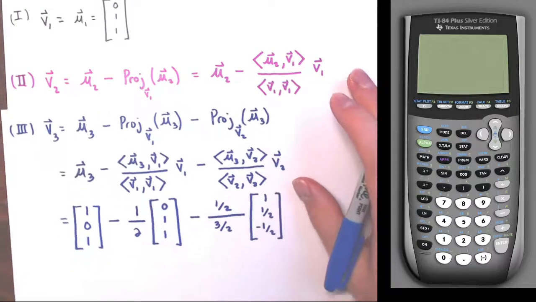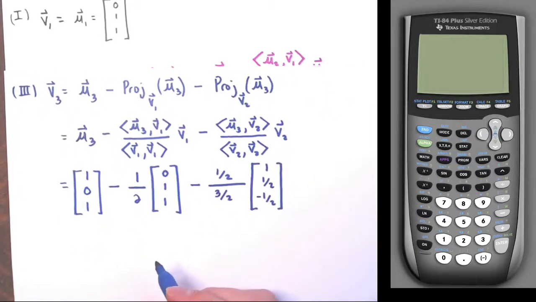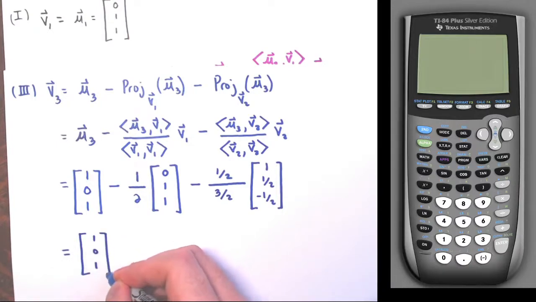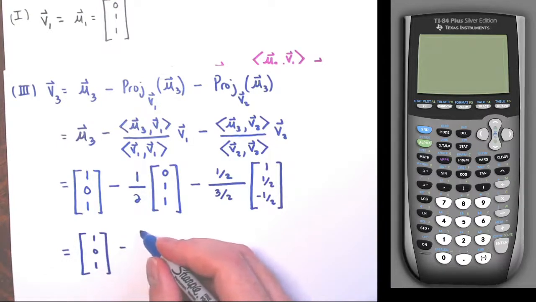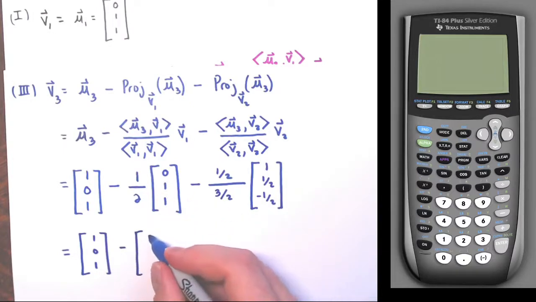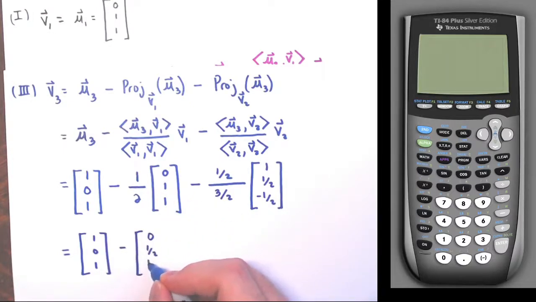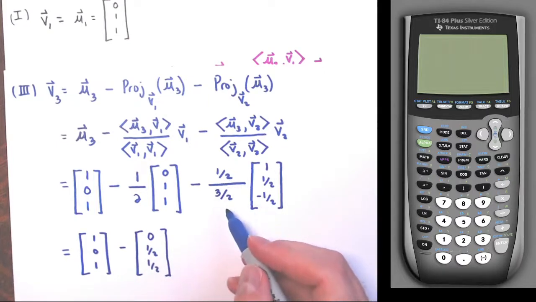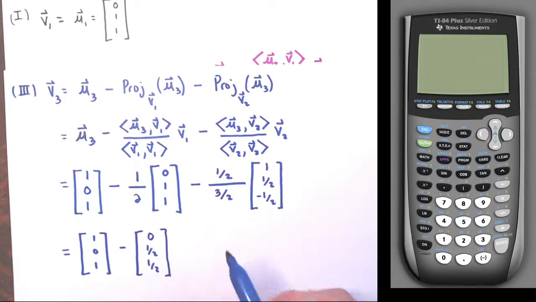All right, so I'll simplify some of this. So we have u3, 1, 0, 1, minus half of 0, 1, 1, which is 0, 1/2, 1/2. And then 1/2 divided by 3/2 would be 1/3.